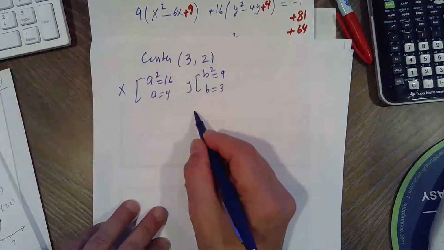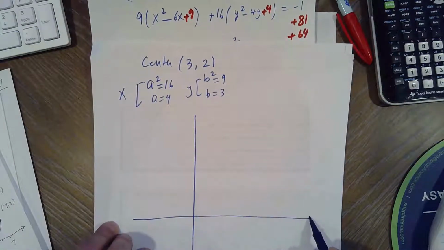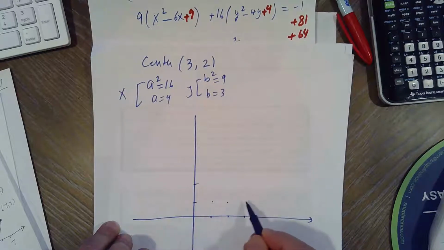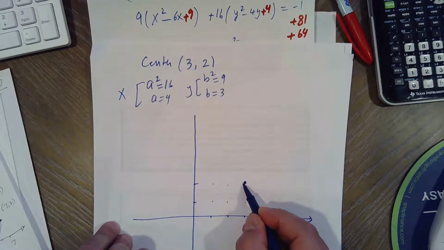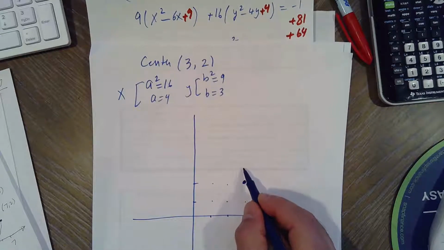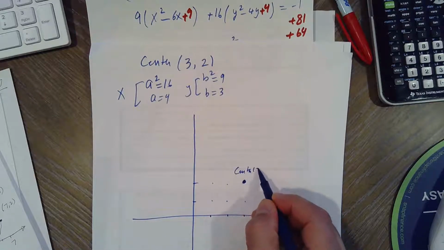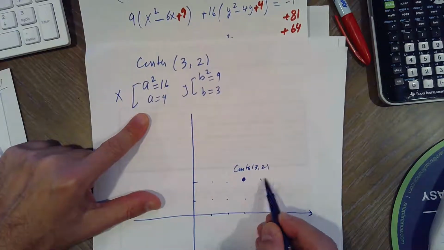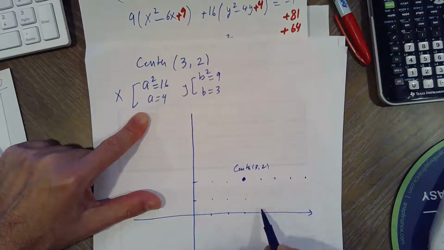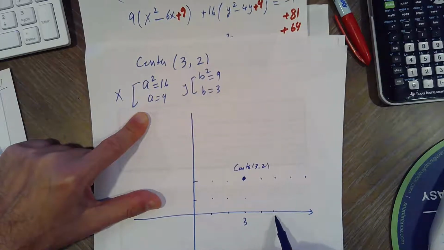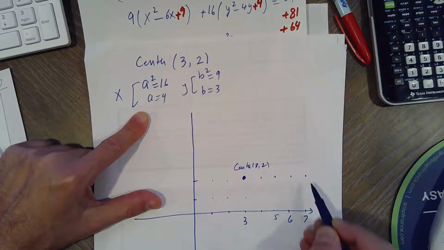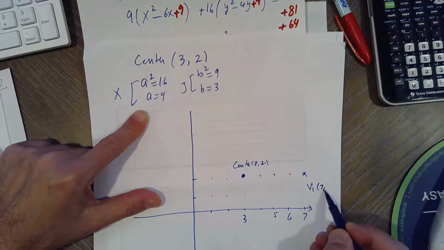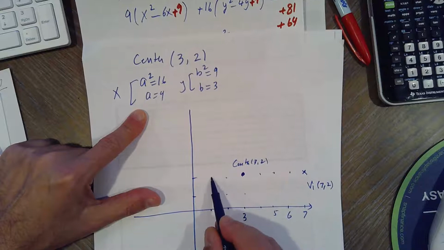So center is at (3, 2). 1, 2, 3, 1, 2. So there's the center. A is 4, it's an x value, so we're going to go sideways. 1, 2, 3, 4. So we're at 3, 4, 5, 6, 7. So we're at 7, that's V1. We're at (7, 2). And then go left 4, 1, 2, 3, 4.